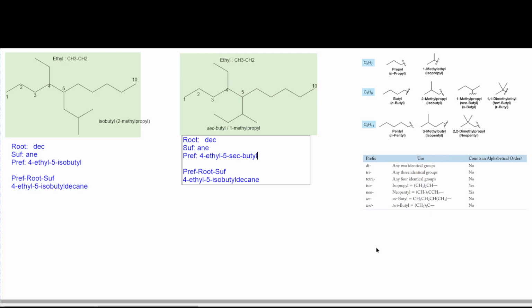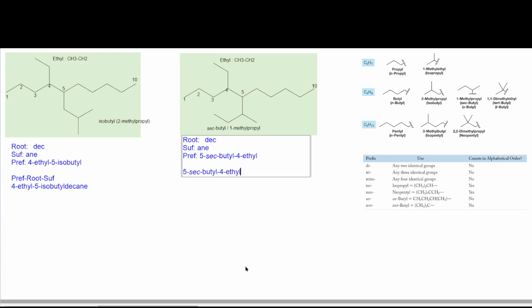But here, when I'm naming this, I'm using sec, S, for alphabetical ordering. However, sec-butyl should not be considered in alphabetical order. So B comes first, and that's why the alphabetical ordering would be 5-sec-butyl 4-ethyl. There are also some grammatical rules in IUPAC nomenclature.